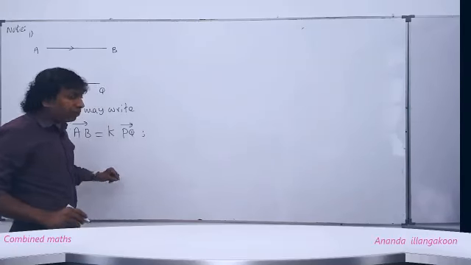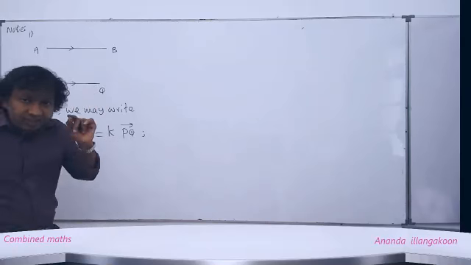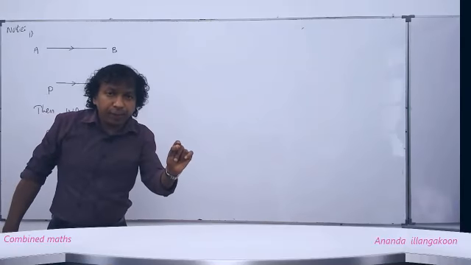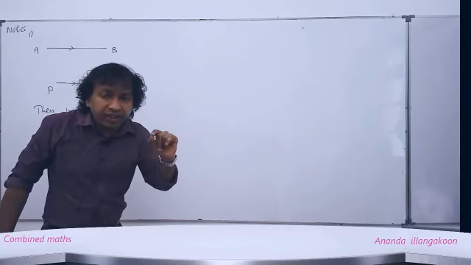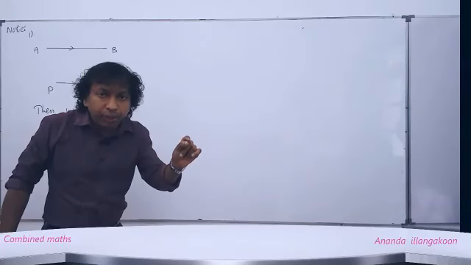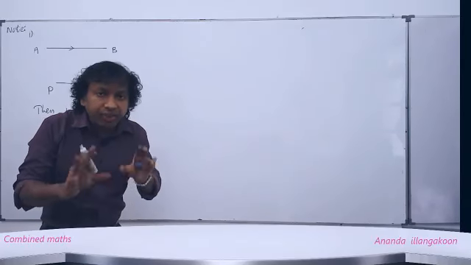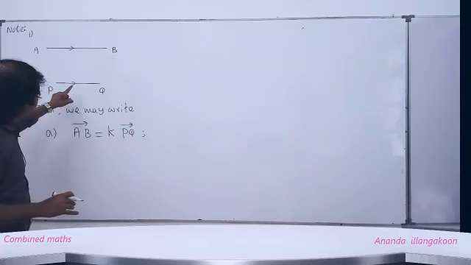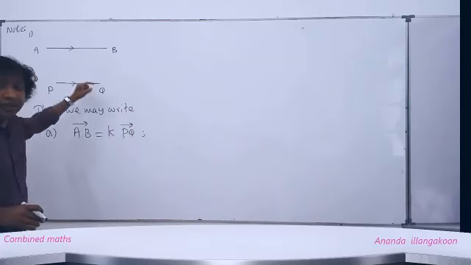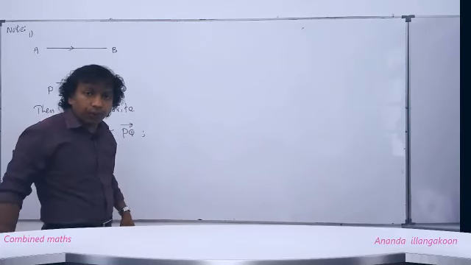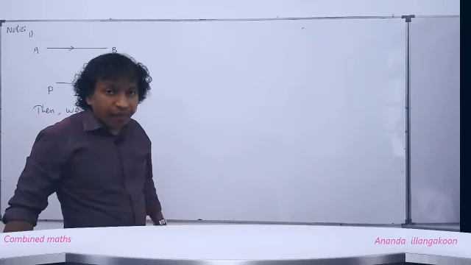Right, people, what about this K? K is a positive real number when the directed directions of AB and PQ are the same. In this case, people, these two arrows indicate the two vectors are parallel.